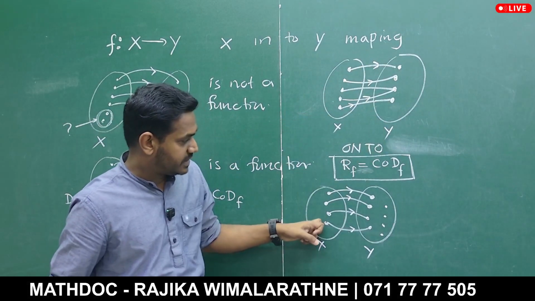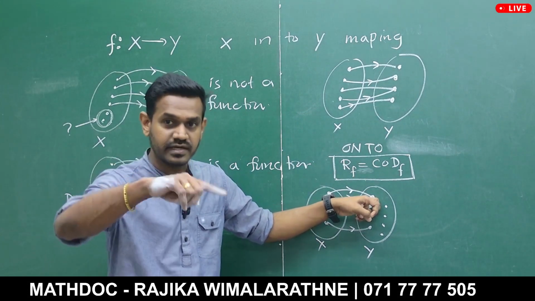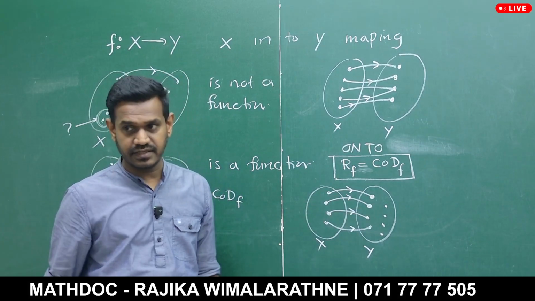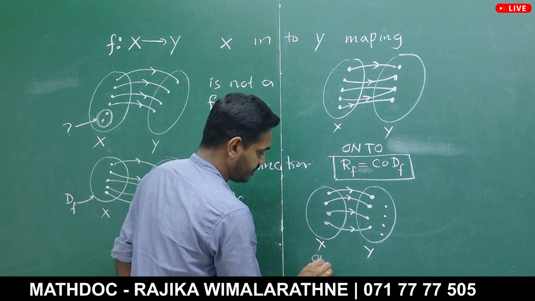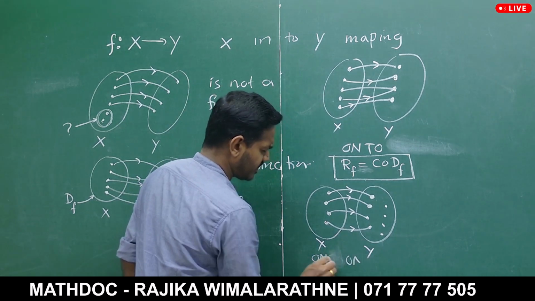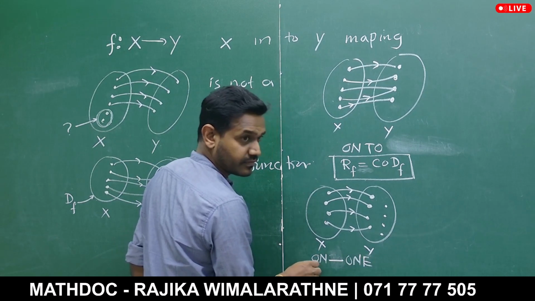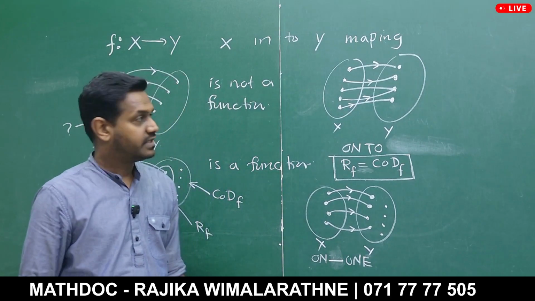But here the specialty is one element has one output. One has one output. We call that a one-to-one relation or one-to-one function. Here we say one-to-one. One-to-one relation.